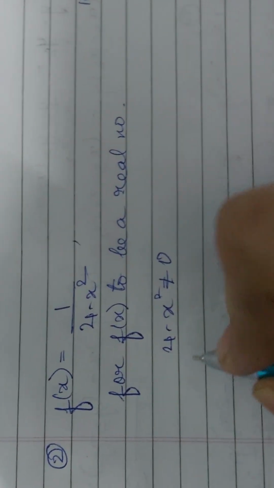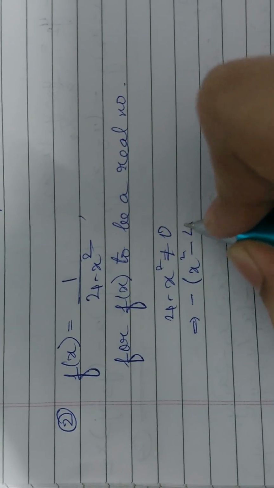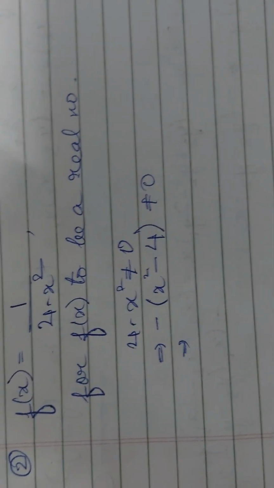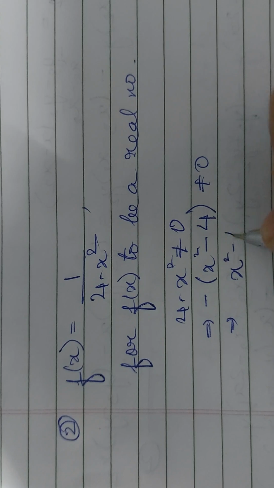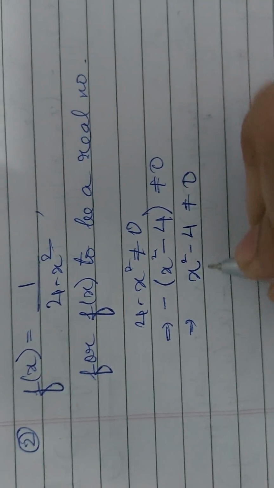So now we can rewrite it as this. Divide both sides by minus 1, sorry. 0 by minus 1 is 0 only.